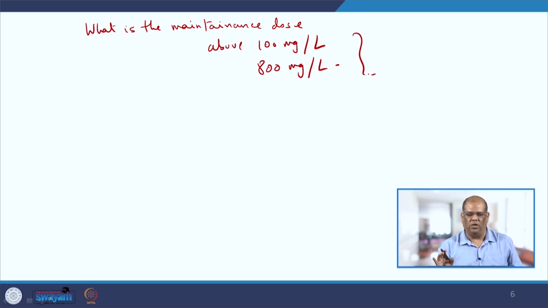It should have a range such that it always lies above 100 mg, which is required for the drug to be effective, and below 800 mg per L, so that there is no overdose.